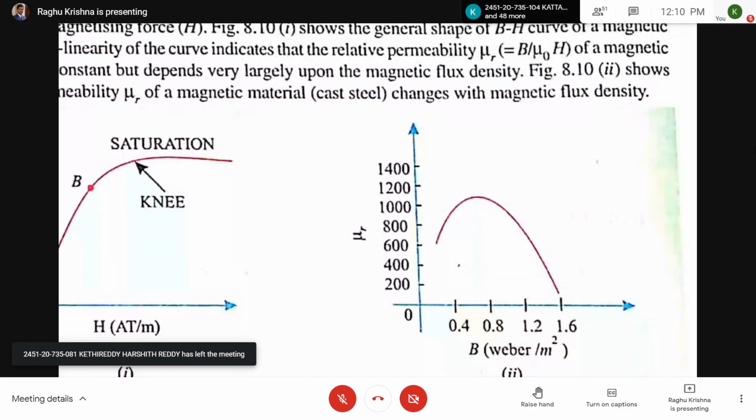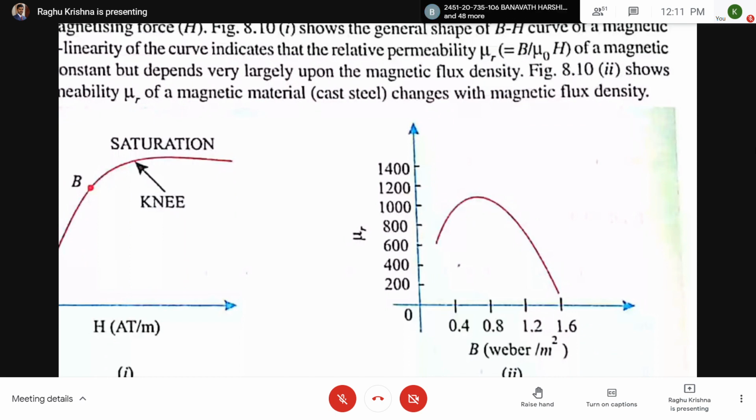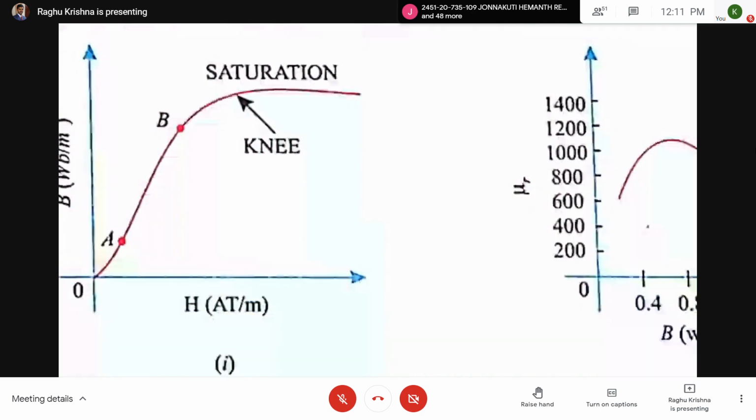By increasing the magnetic flux density, mu r increases to a maximum value, and after that, if you increase the magnetic flux density B, shown on the x-axis, the value of mu r reduces. So based upon this you are going to get a curve like this. From A to B the curve is linear. After B you are going to see saturation occurs.